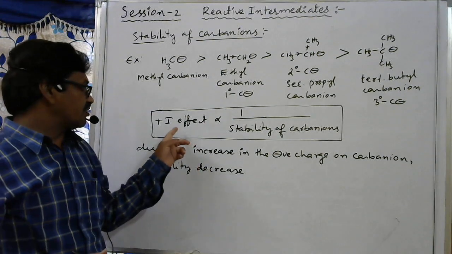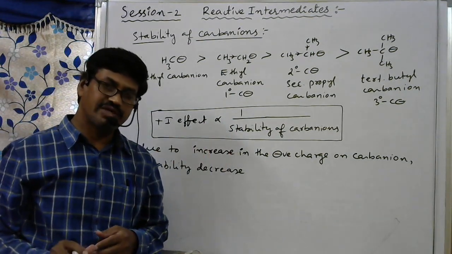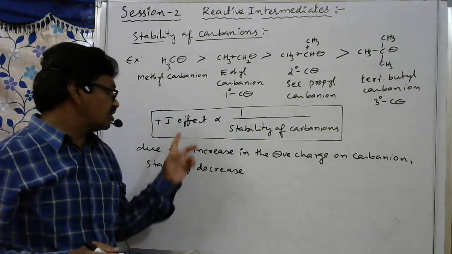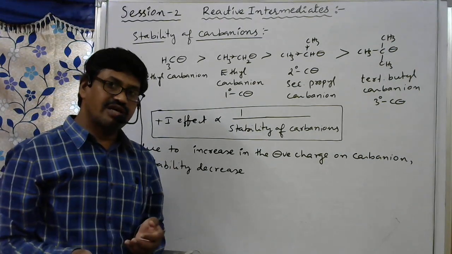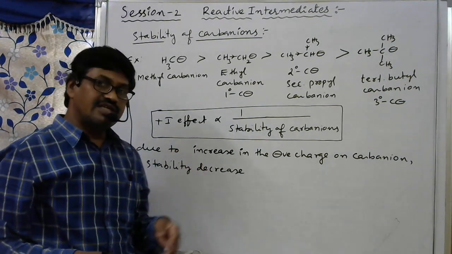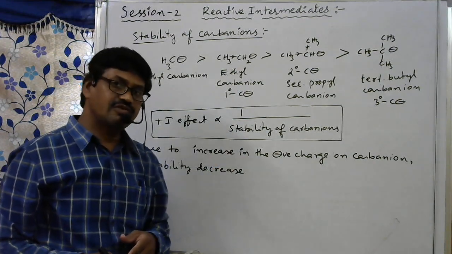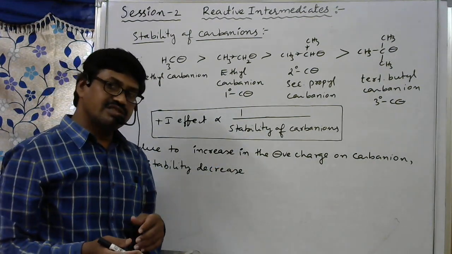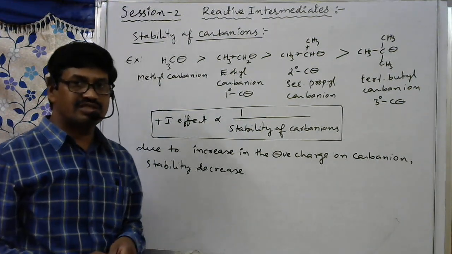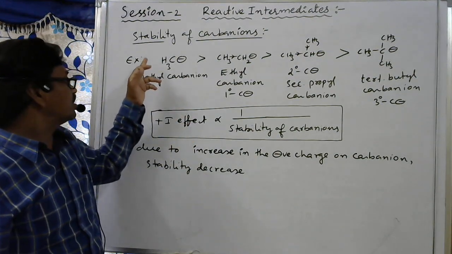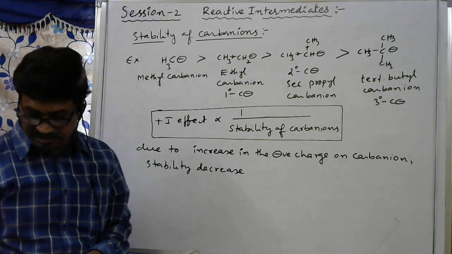It is due to the plus I effect. The plus I effect is inversely proportional to the stability of carbanions, because the plus I effect intensifies the negative charge on the carbanion. Therefore, when the negative charge increases, stability decreases. When the negative charge decreases, stability increases. So this is the concept behind the stability of these simple carbanions.